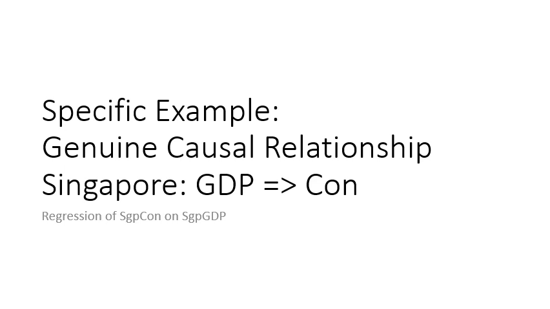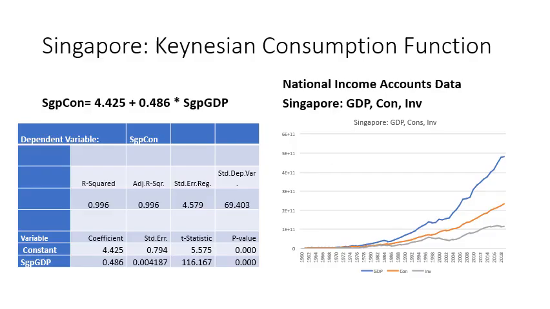To understand this better, we will look at a specific example of one genuine causal relationship and then contrast it with a nonsensical or spurious relationship. One of the most widely used regression equations is the consumption function. In this equation, we take as a starting point the idea that income is a very strong cause of consumption.